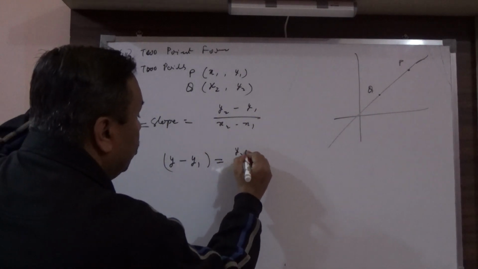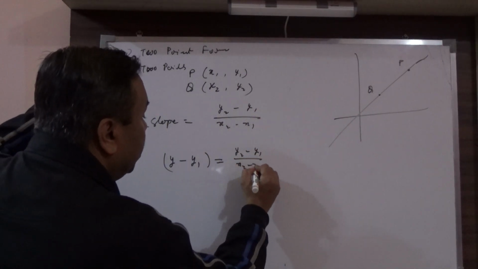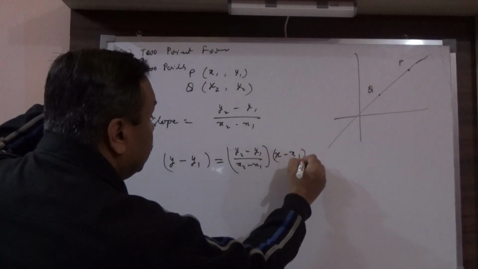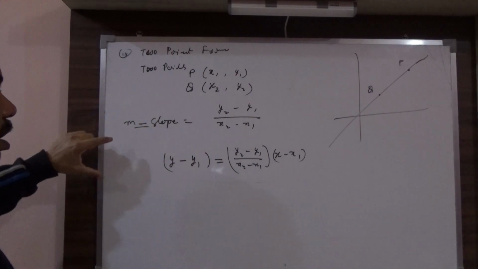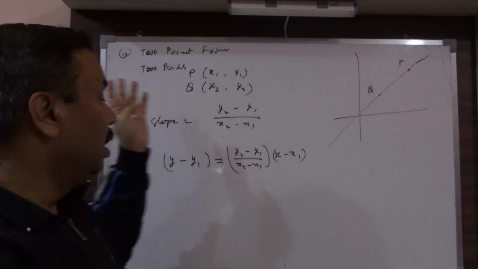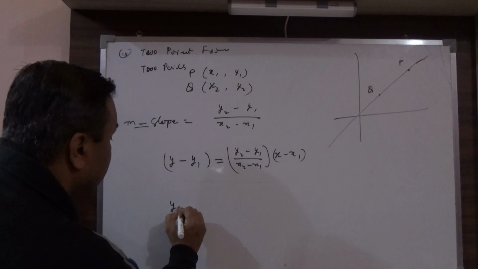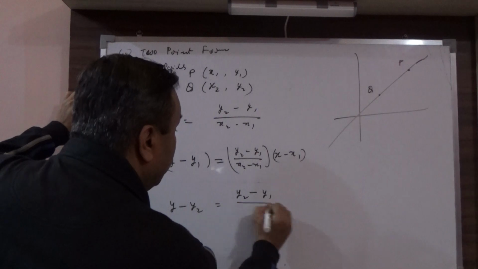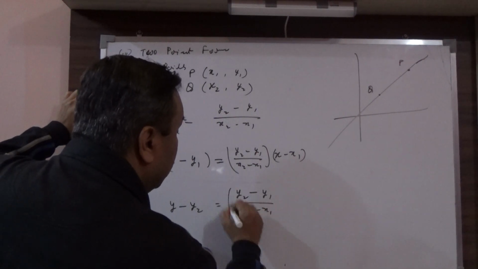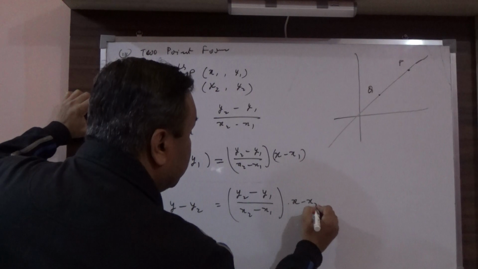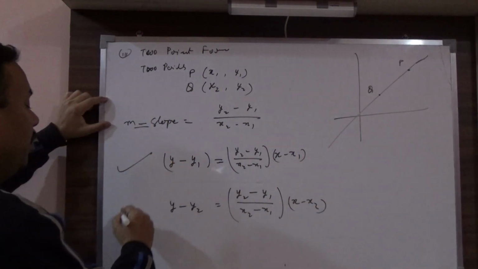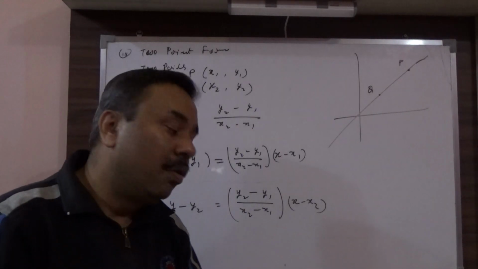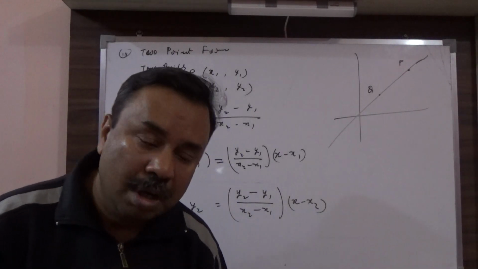That is y2 minus y1 divided by x2 minus x1 and multiplied by x minus x1. Either you find it in this way, or if you are taking the other point, then also I can say y minus y2 is equal to, slope will be same, y2 minus y1 over x2 minus x1 and then x minus x2. So using any one of these two, you can directly find out the equation.